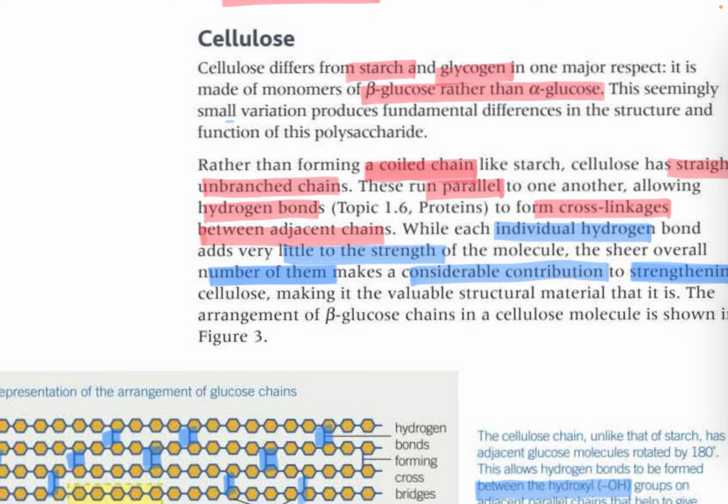However, collectively, these seemingly weak bonds form a strong collective strength overall, and as a result, this gives plants the strength that they so desperately need in order to keep themselves up.